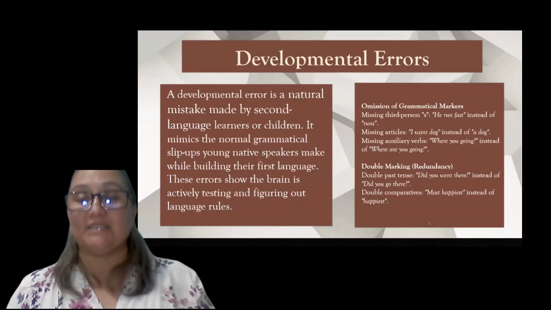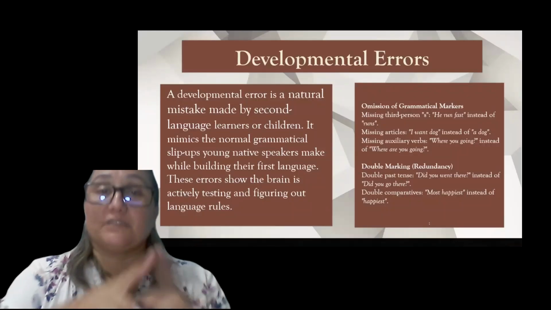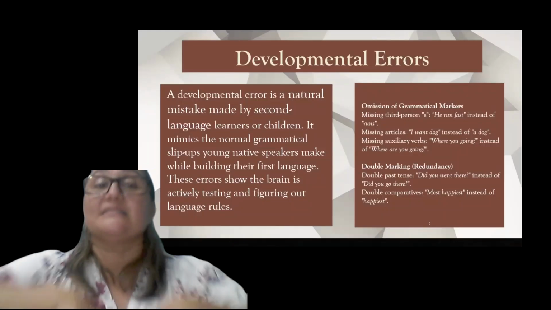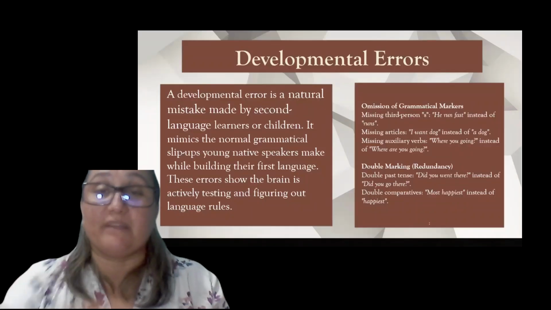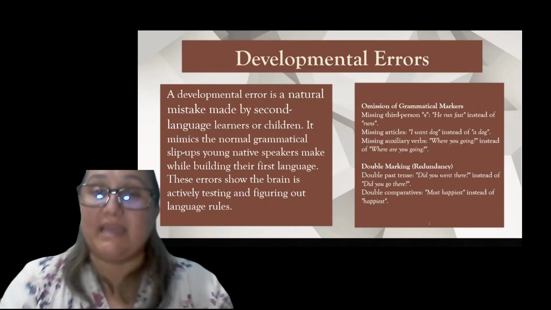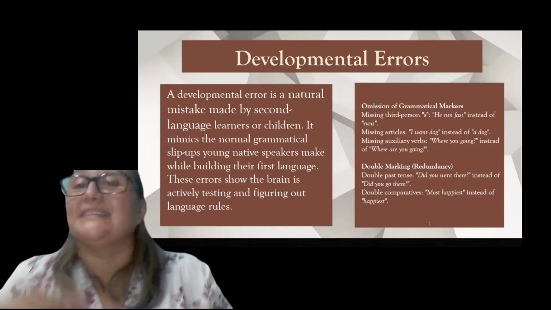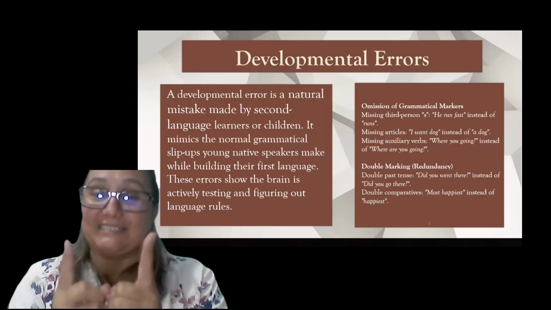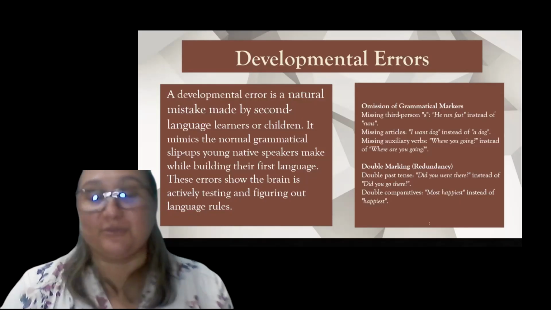Something similar happens here. Most happiest. Most is for the long adjectives, to indicate the best, when we are comparing within a group. This is the best, the worst, the fastest, and happiest is the same, but for short adjectives. So we're applying twice the same rule to an adjective.